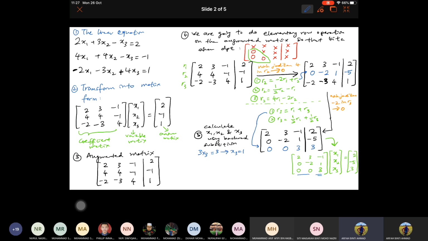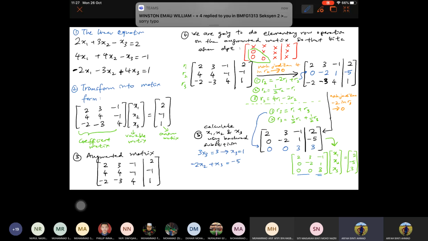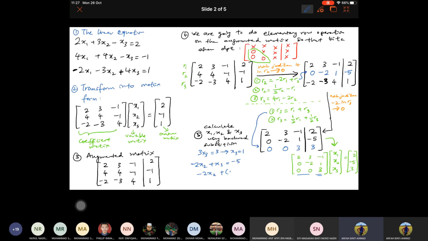We just substitute in there. You are going to have negative 2x2 plus x3 sama dengan negatif 5. So gantikan x3 sama dengan 1 yang awak dapat. Negatif 2x2 tambah dengan 1 sama dengan negatif 5. So x2 sama dengan 3.